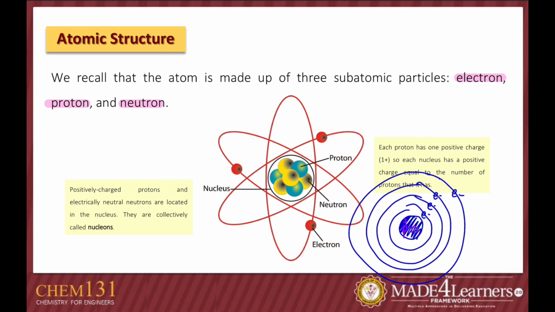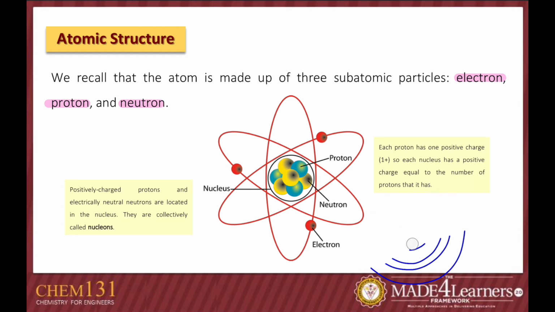So each proton has one positive charge. The charge of proton is positive 1, and each nucleus is a positive charge as well, which is equal to the charge of the proton, because the neutron has no charge. So positively charged protons and electrically neutral neutrons are located in the nucleus.